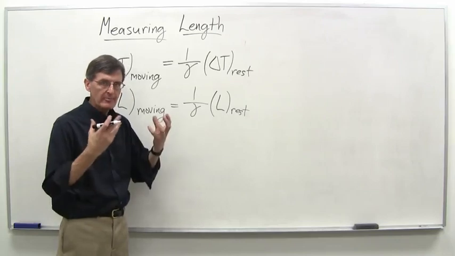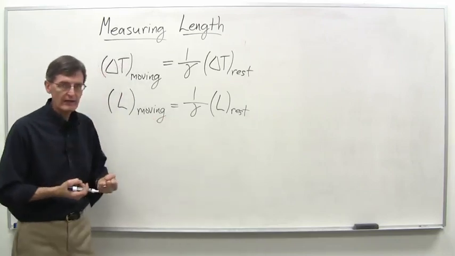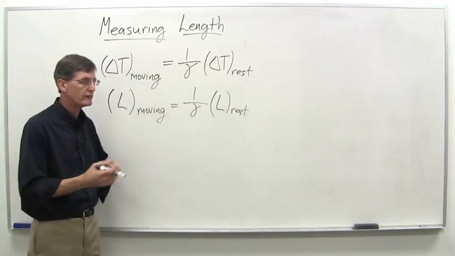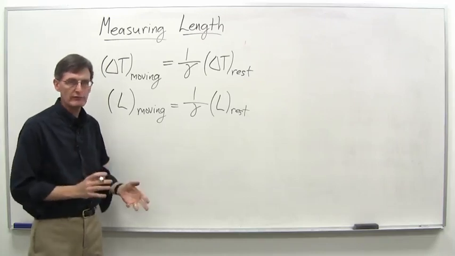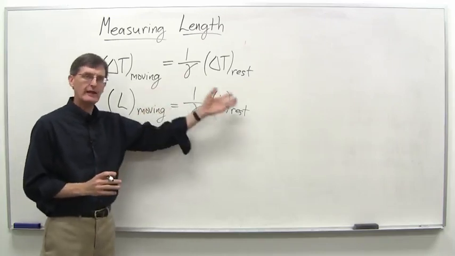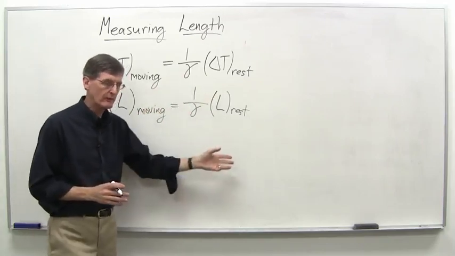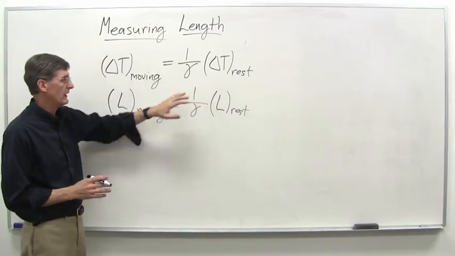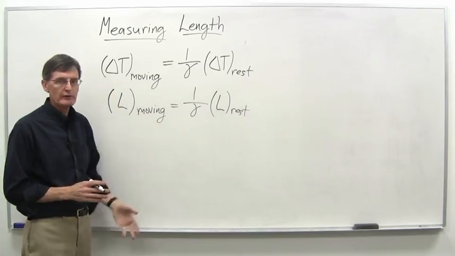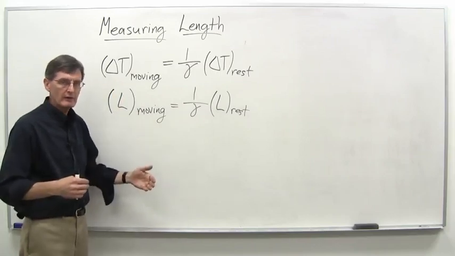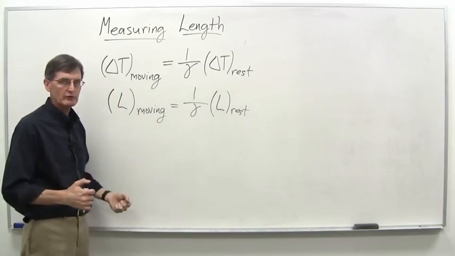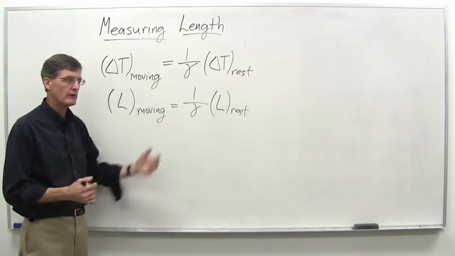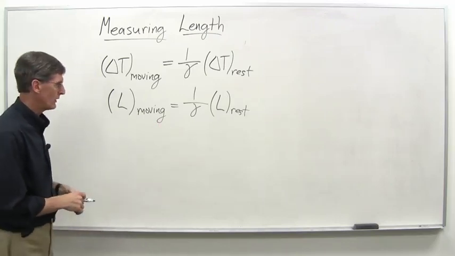Put those together, and you discover that the speed of light is a constant, the same value for all observers, no matter how you're moving with respect to it. And then you start analyzing things like the light clock example and start getting these somewhat weird results, that depending on how you're moving with respect to something, the elapsed time that you will measure will be different, and same thing with lengths as well.